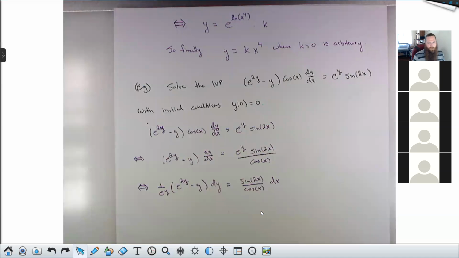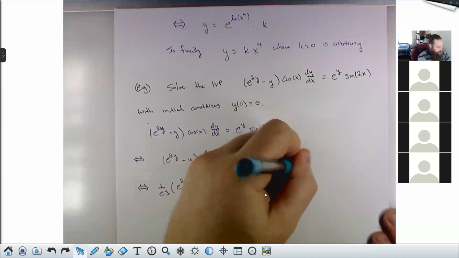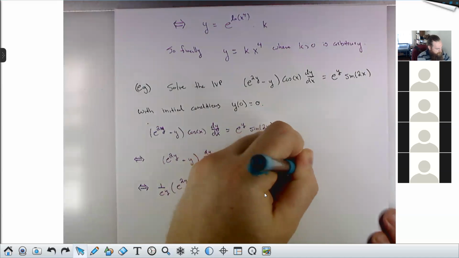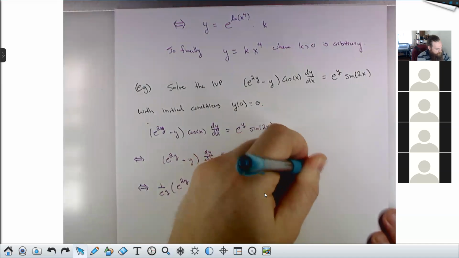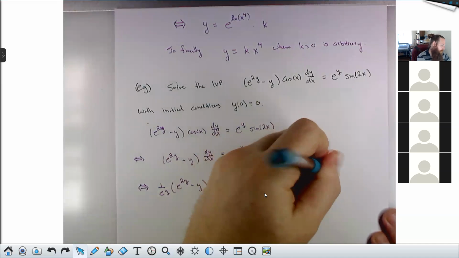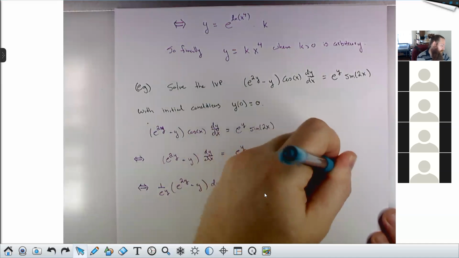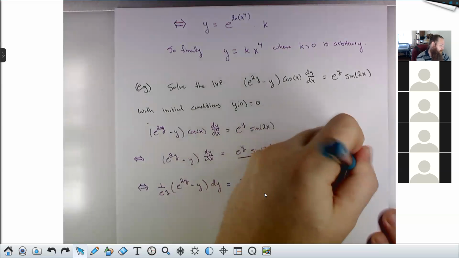Those who took Calc 2 with me should be aware of the simplifying trick for the right-hand side. How do I clean this up? You can change that to 2 sine x cosine x. Excellent. I can use the double angle identity for sine. Sine of 2x is 2 times the sine of x times the cos of x.